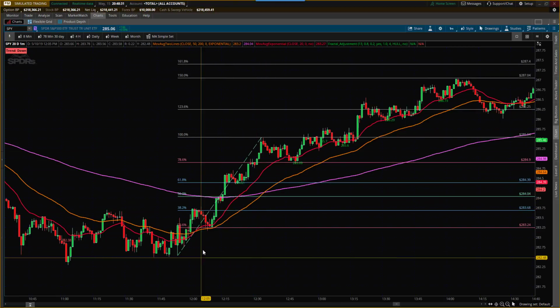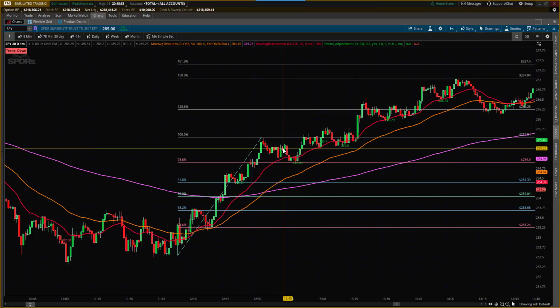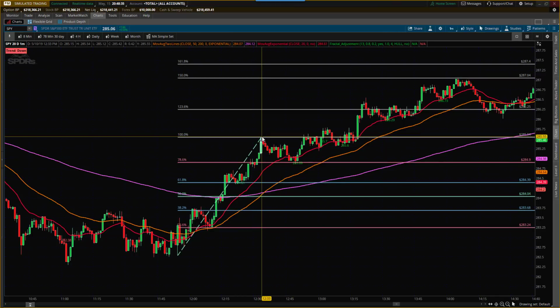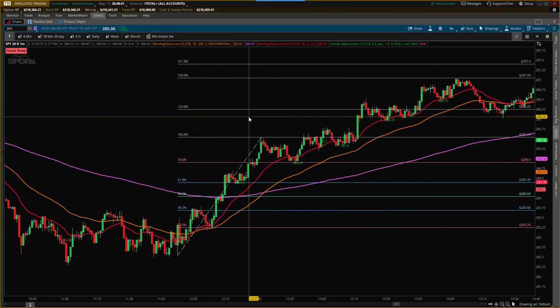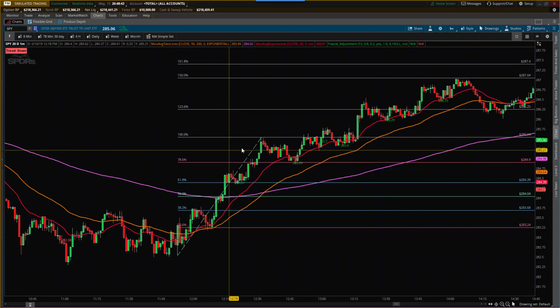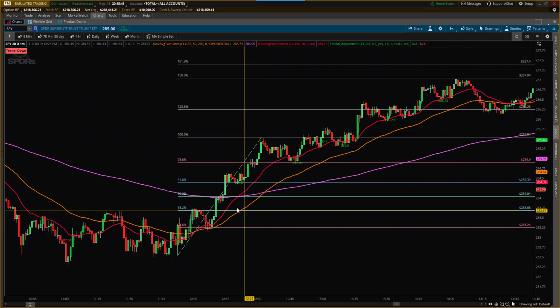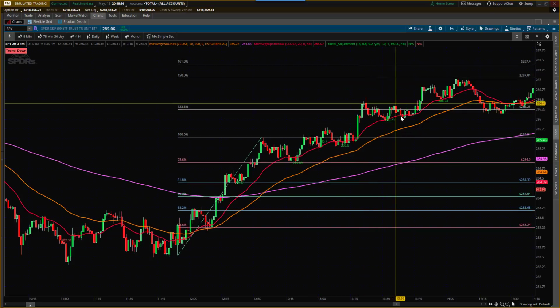So that covers that. The next thing I want to talk about is how to identify if you're using the extensions correctly. So what I did is I tried this on multiple charts on multiple time frames, and what I looked for price to do was make a move up into the 1236 and stall there.